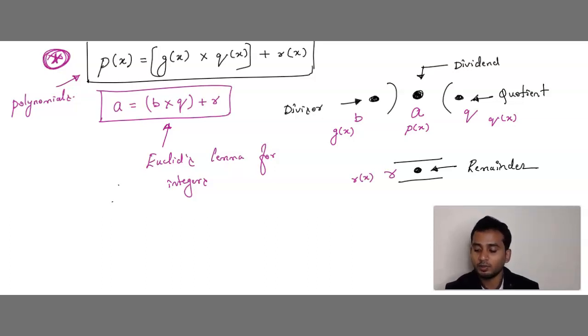Where p of x is the dividend, g of x is the divisor, q of x is the quotient, and r of x is the remainder. Any doubts? I hope you all have understood the basics about division algorithm for polynomials. So let's begin the numericals based on this topic.